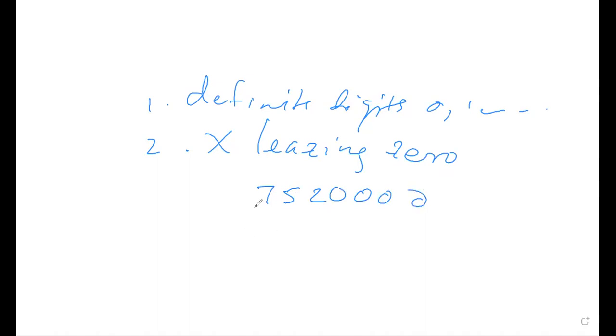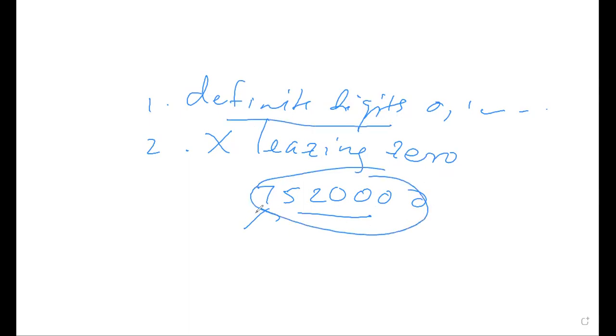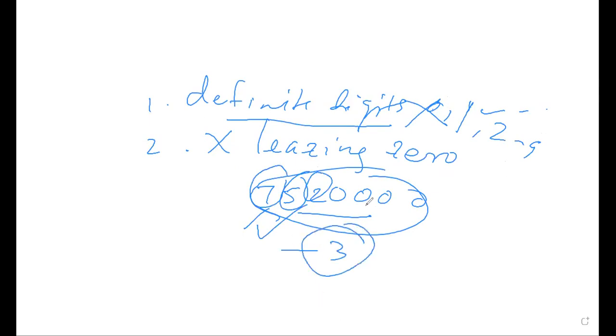If they ask how many significant figures, we can say only the definite digits, not the zeros, taking from 1 up to 9. So there are three significant figures only.